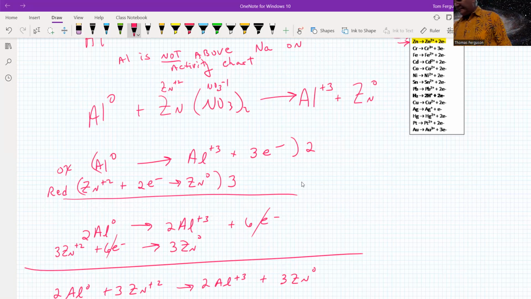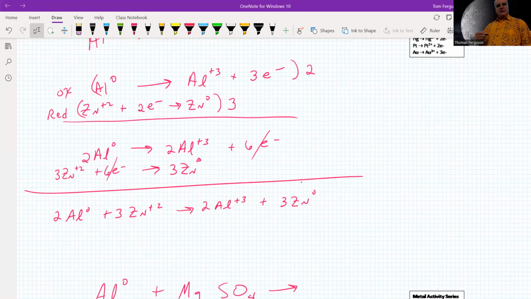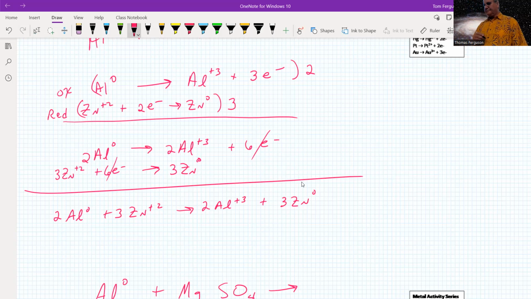And then it gives us 3 zinc metals. Add those 2 together, where the electrons cancel. So this is the equation. Now, is it balanced?